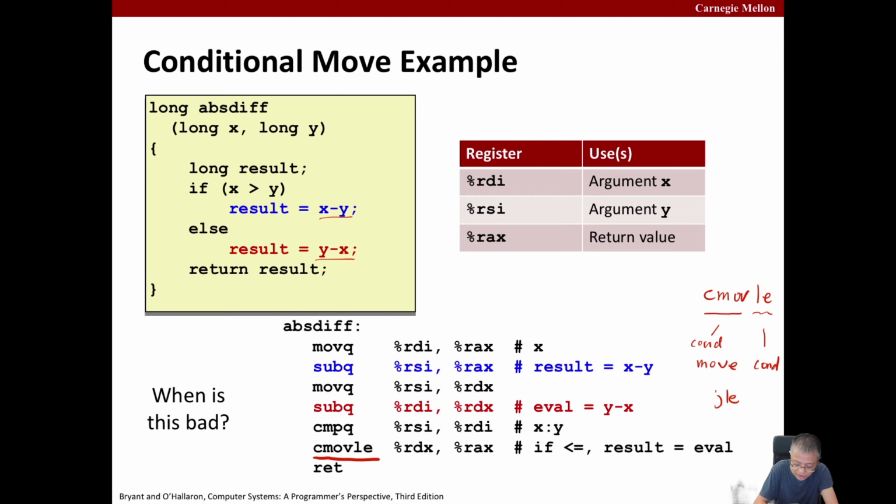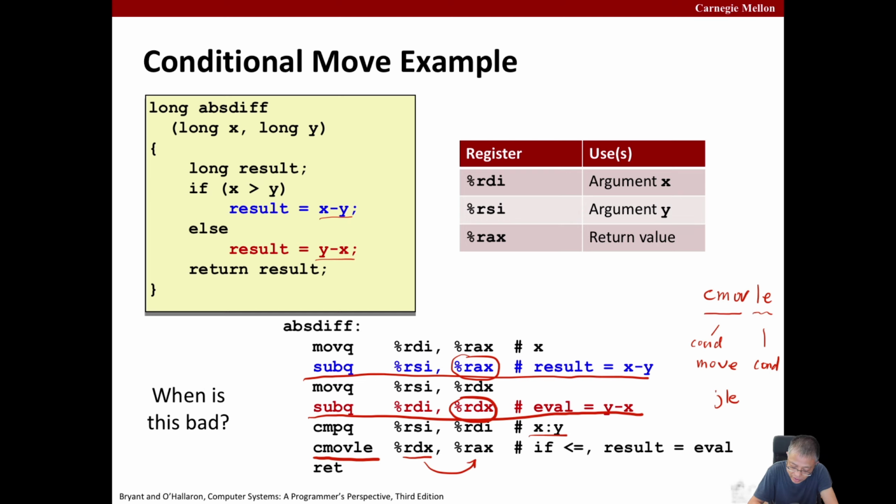So if you look at this, we first calculate x minus y. The result will be in RAX. Then we calculate y minus x, the result in RDX. Then we compare x and y. If x is less than or equal to y, we're going to conditionally move RDX into RAX.